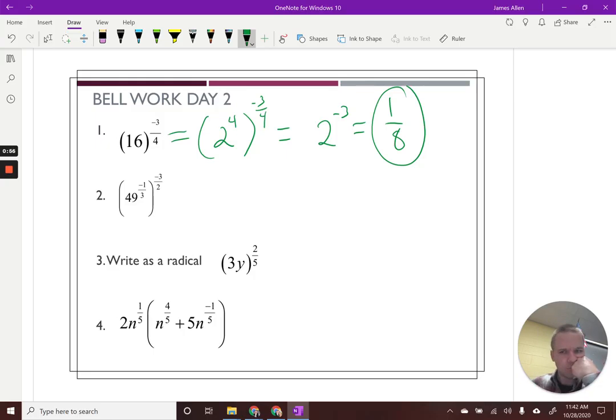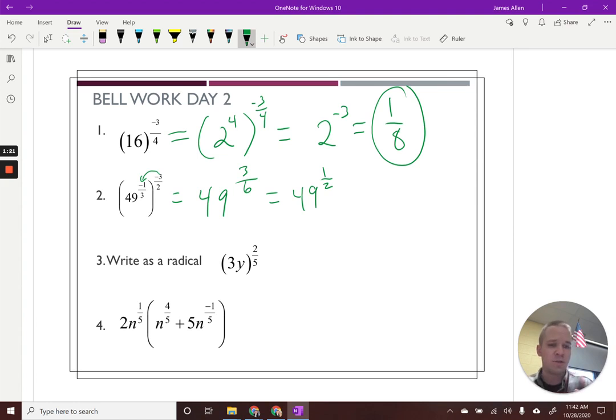Here, I don't have a common base, but I could multiply these two exponents together. Let's see what that gives me. I'd have 49 to the, well, negative 1 times negative 3 is 3. 3 times 2 is 6. So that would be 49 to the 1/2. Now, we do remember that raising to the 1/2 is like taking the square root.